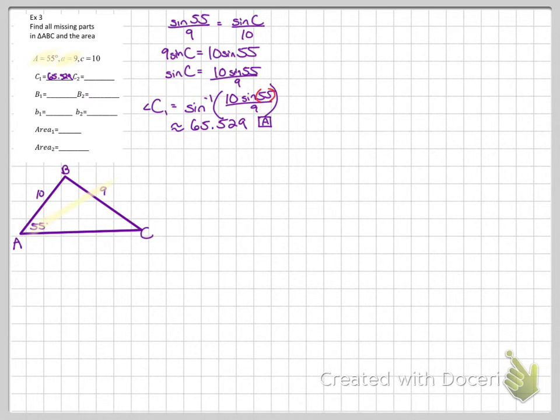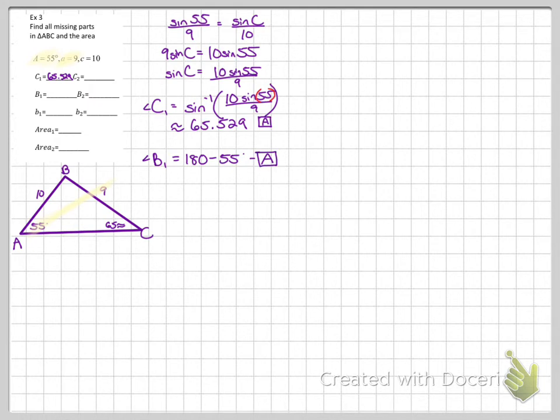If you would like, you could start filling in your picture. I don't always recommend it, but so we found angle C. So this is 65-ish. So what could we find next? Well, we could find angle B next. Angle B1. If you know 2 of the angles, it's going to equal 180 minus those 2, minus the 55, and minus button A. Do not round your 65.